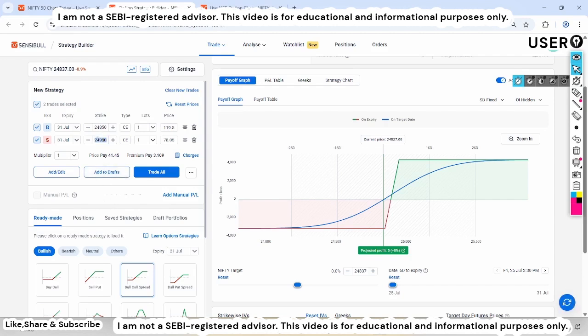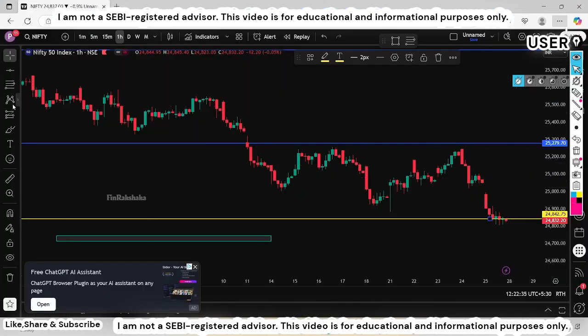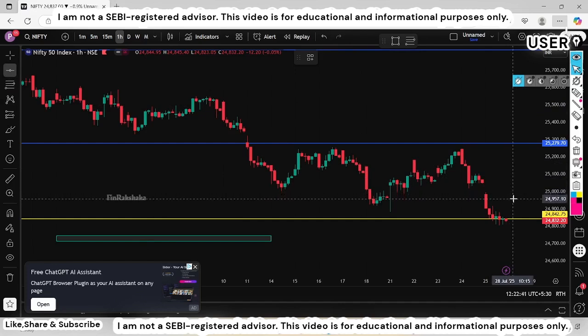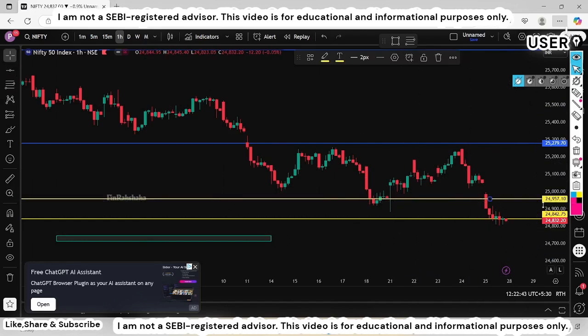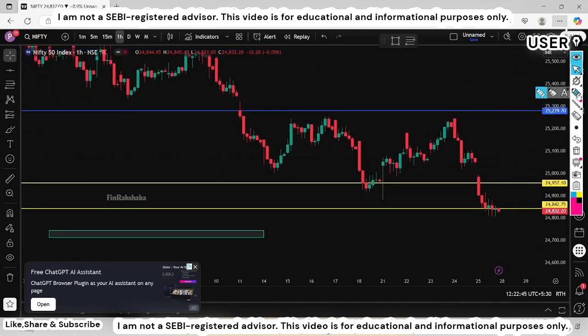So it is an insurance, a safety leg. I will draw one more line at 24,950, approximately here. What we are doing here is the call buy and the call sell.